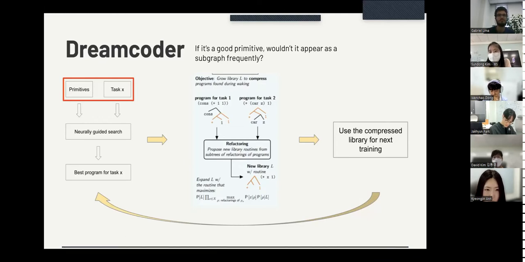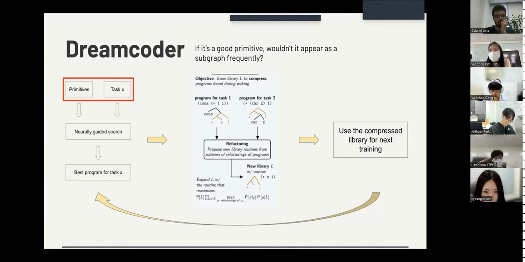Next, Dreamcoder analyzes the synthesized programs and tries to find similar structures of code from two different programs. If there are similar structures, Dreamcoder pulls out the structure and adds it as a new primitive. This starts from the idea that if there is a good primitive, then it would appear frequently in different programs solving similar tasks.